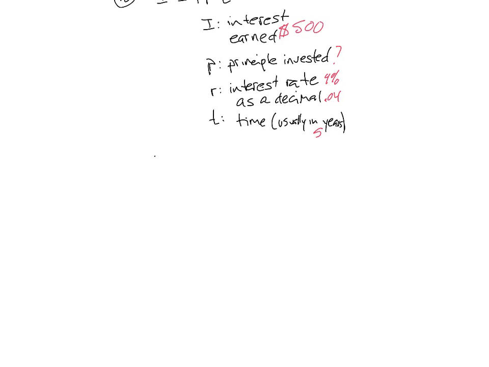The interest, $500, equals principal, which we don't know so we'll leave it as P, times R, which is 0.04, times T, which is 5. The first thing I would do is multiply the 0.04 and the 5 together. That gives us 500 equals P times 0.2.